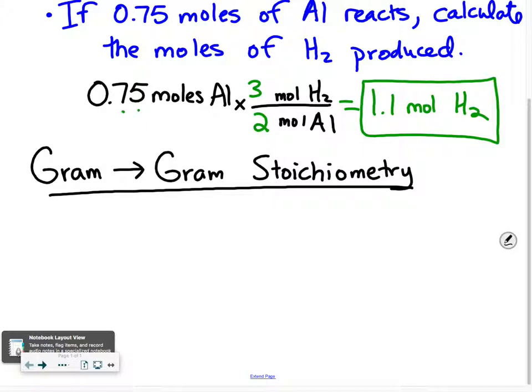Okay, so going from grams to grams is a 3-step process. And this is where we combine what we learned from the mole map, what you guys did on your quiz, and what we just learned with our mole ratios.